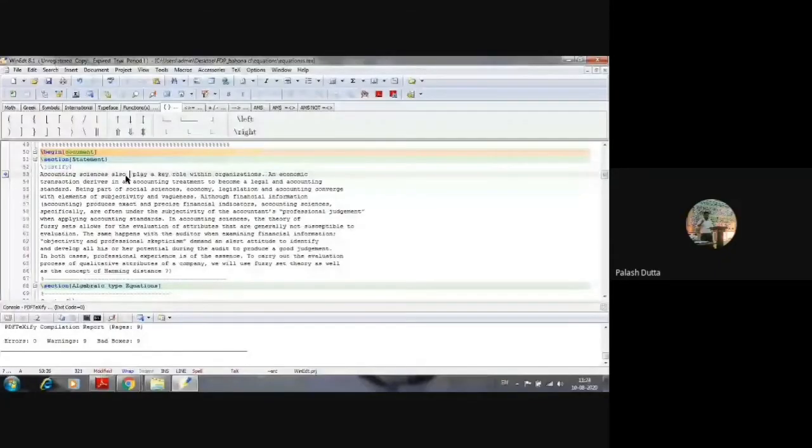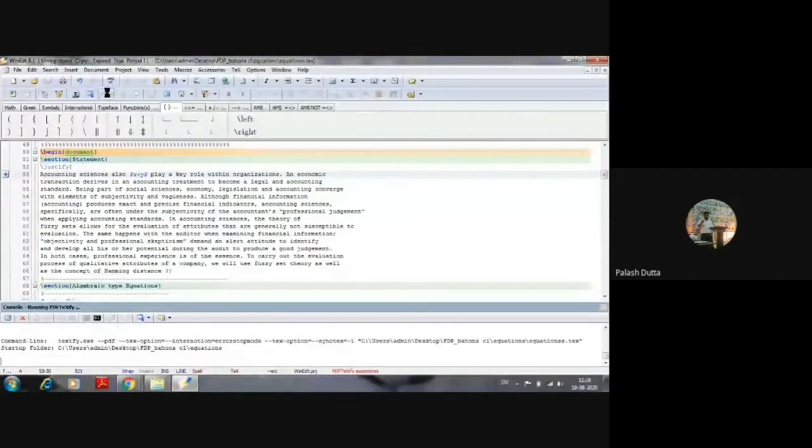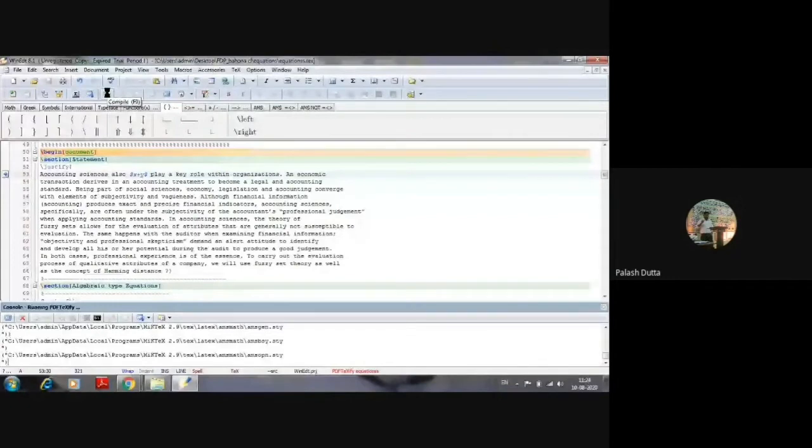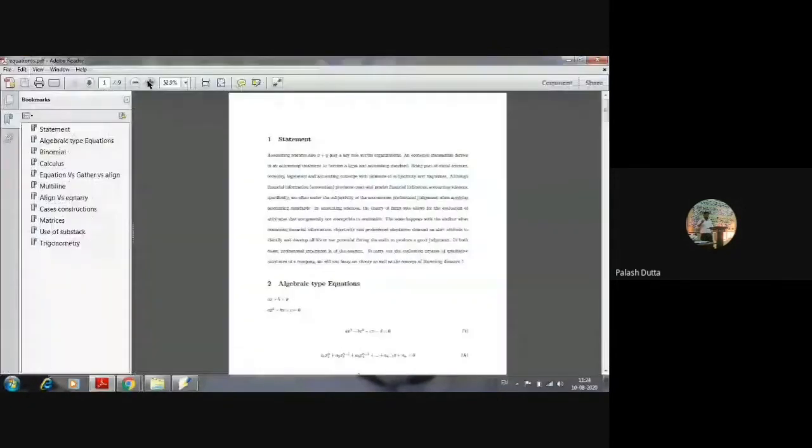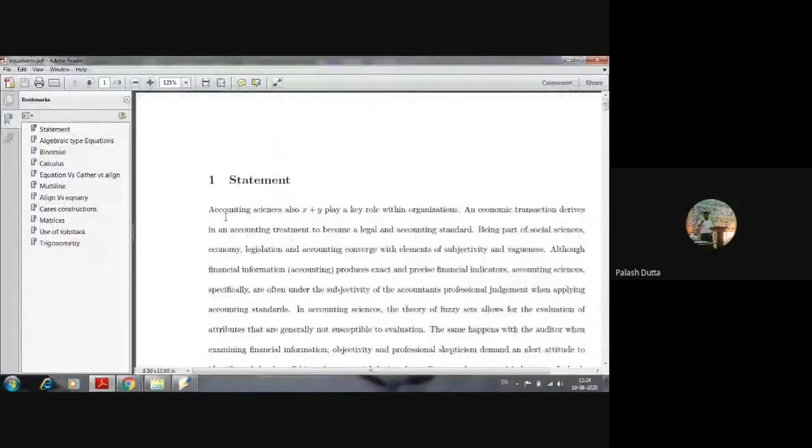Suppose we need some mathematical term here, suppose x plus y, right? Then simply write dollar, and in between the dollars simply write x plus y, and see, this expression comes into the PDF format, right?